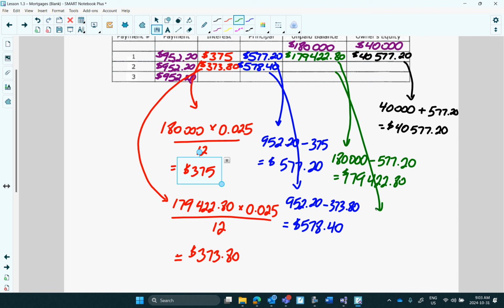Well, we take the 179,422.80 and subtract how much he put towards the principal that month, 578.40, and we get 178,844 and 40 cents.